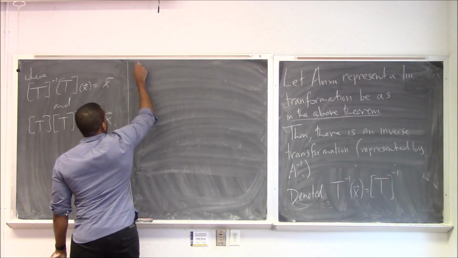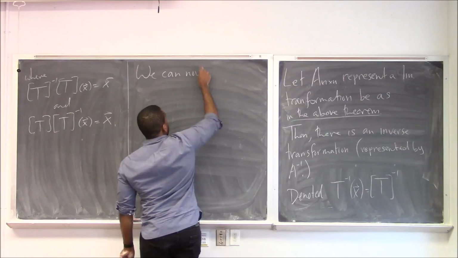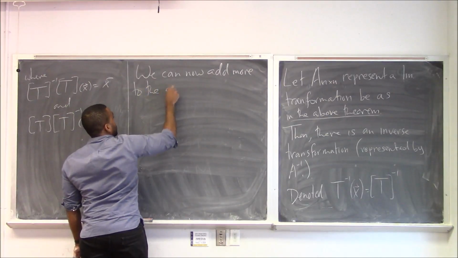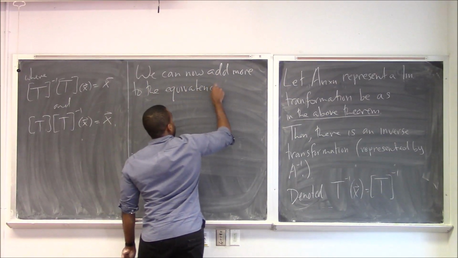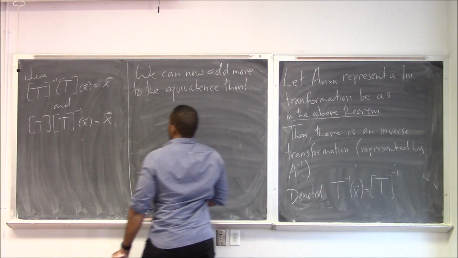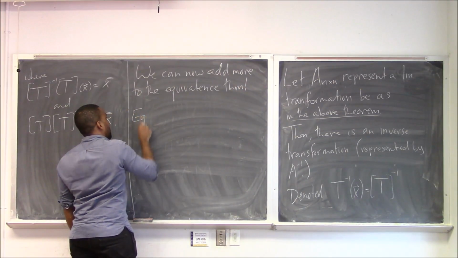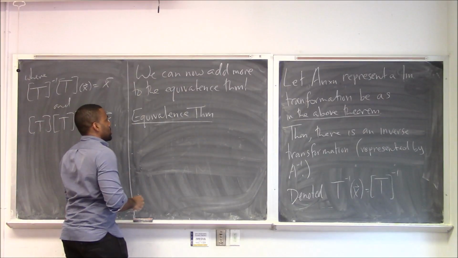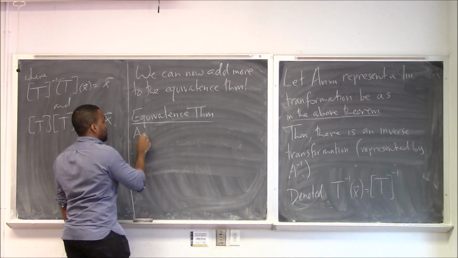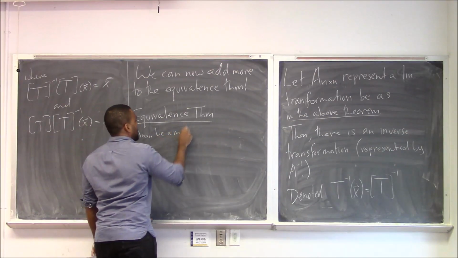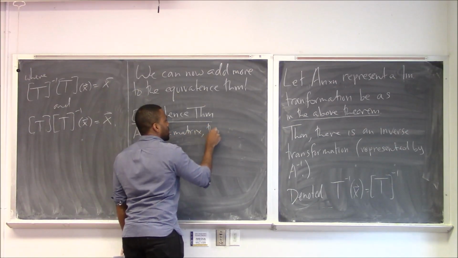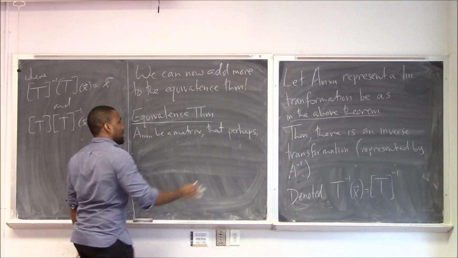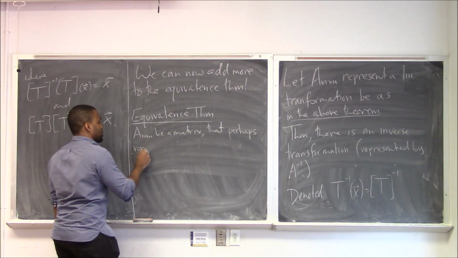So we can now add more to the equivalence theorem. So let A, n by n, be a matrix, and now you just slip in another little assumption that it perhaps represents a linear transformation.